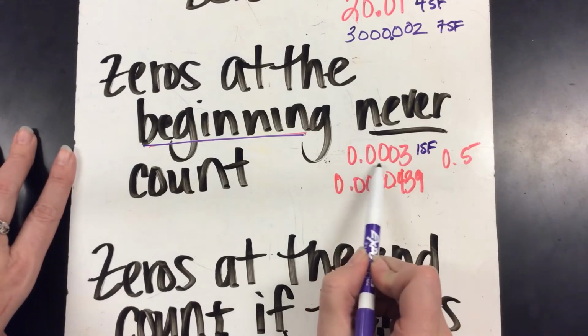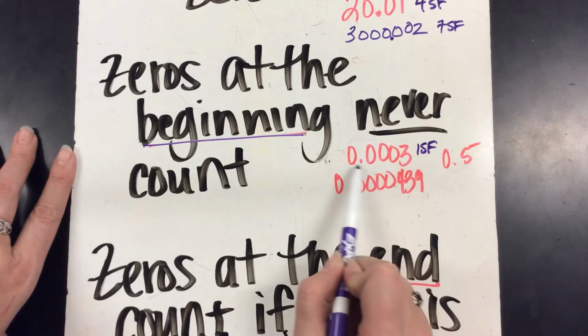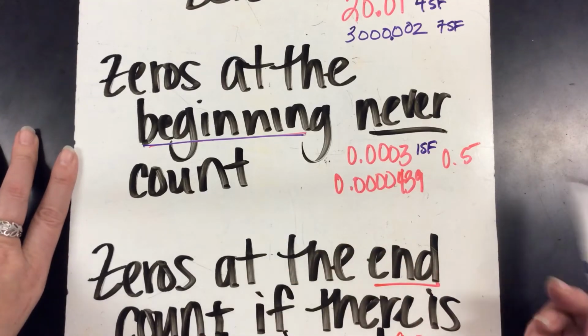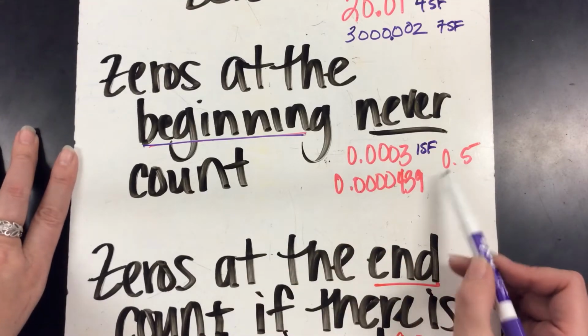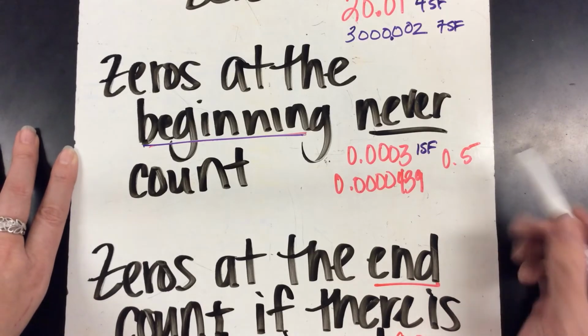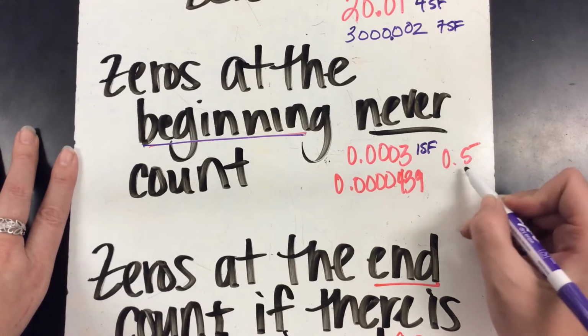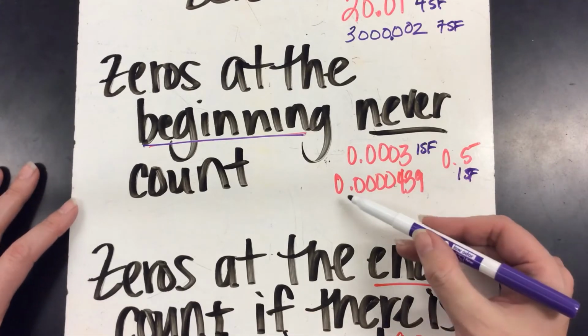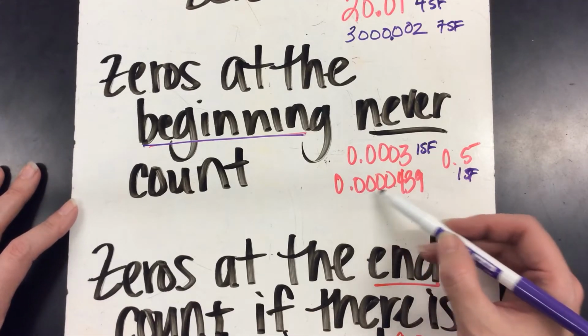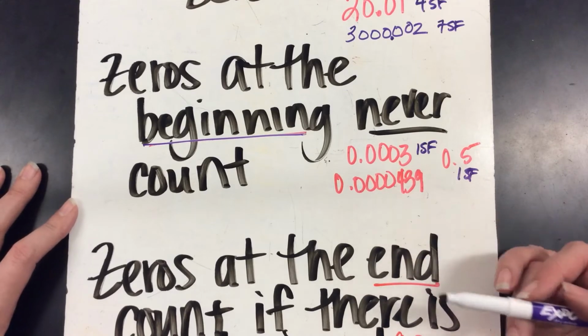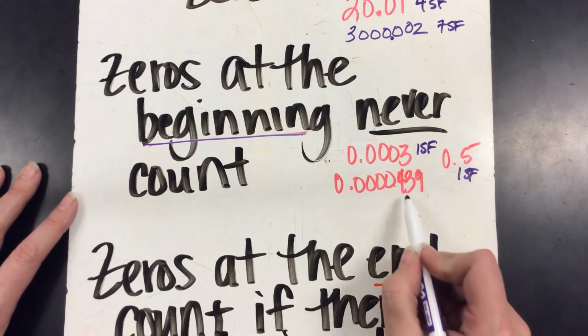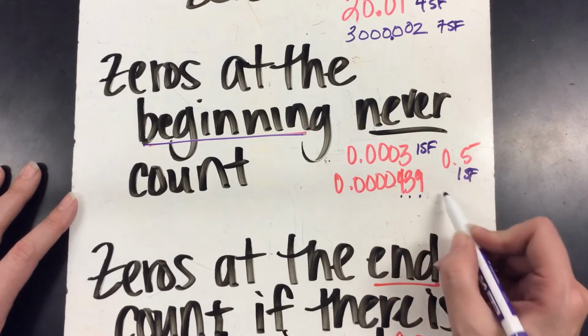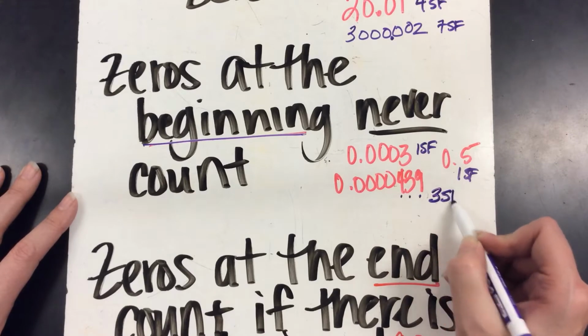These zeros just show how teeny tiny that number actually is. Same thing with this one, the zero at the beginning of a number doesn't count, so that one just has 1 Sig Fig. Now with this number, all of these zeros are at the beginning of the number. Zeros at the beginning of a number never count. So we count the 4, the 3, the 9 to give us 3 Sig Figs.